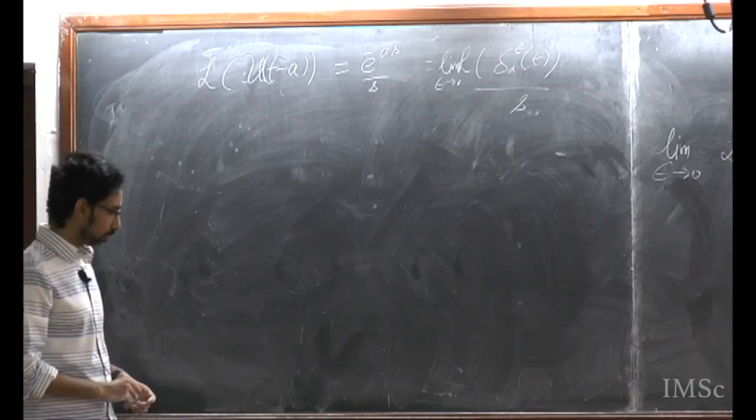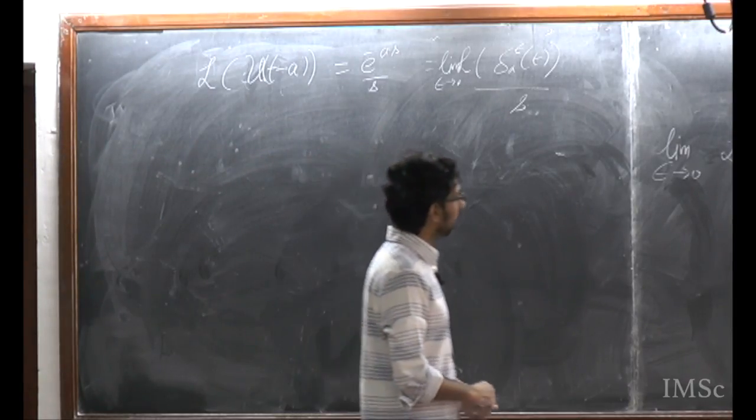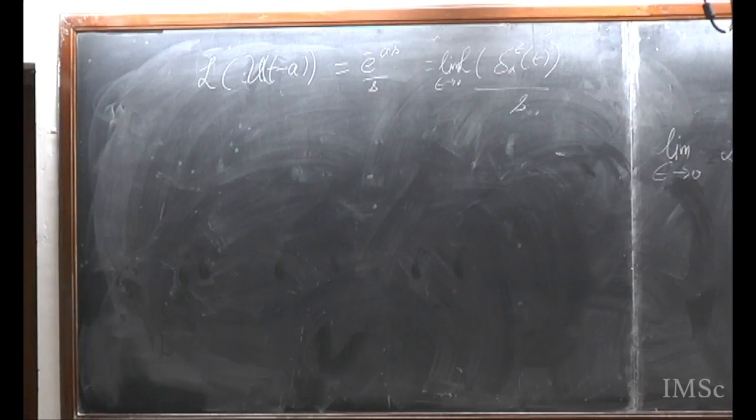So it gives you some idea that in some sense the derivative of the Heaviside function is the Dirac delta function.